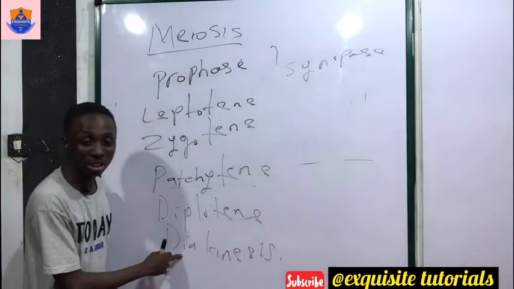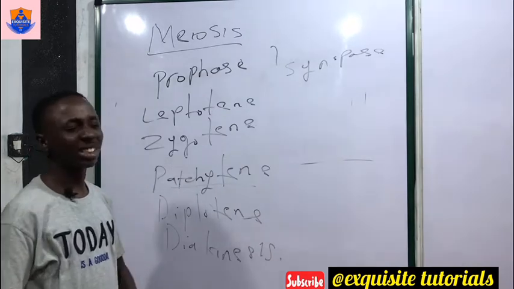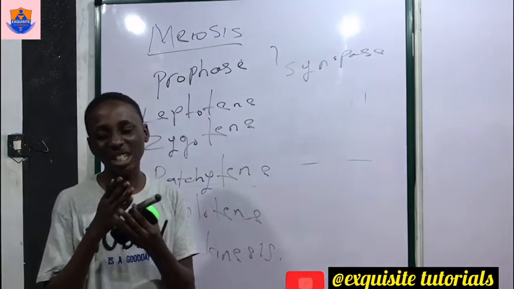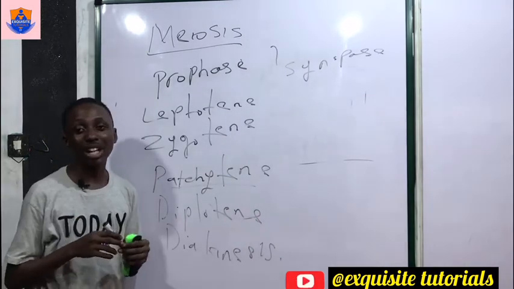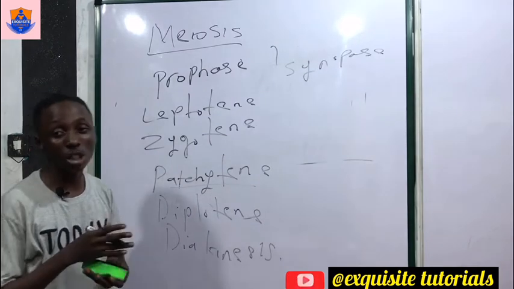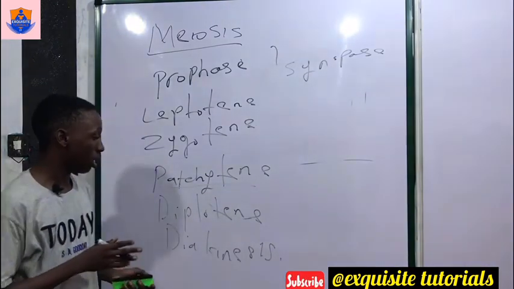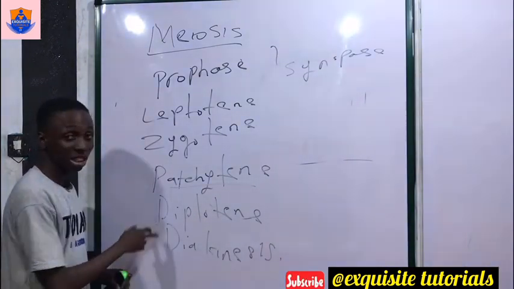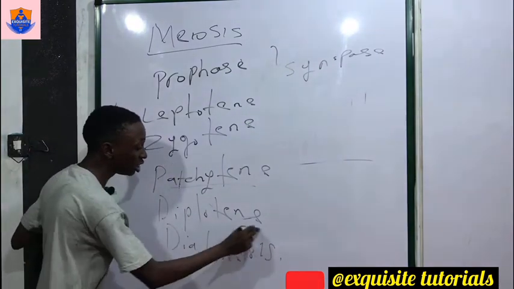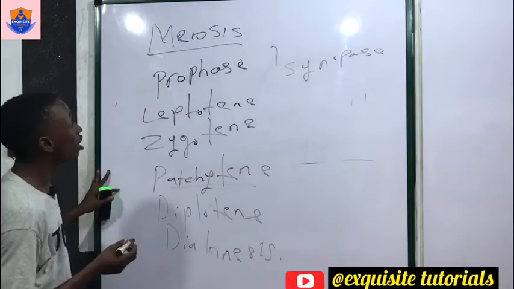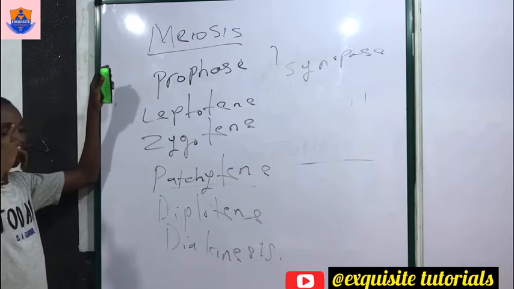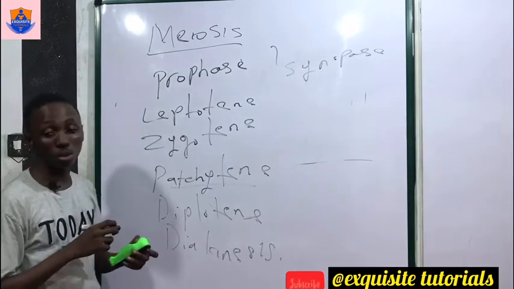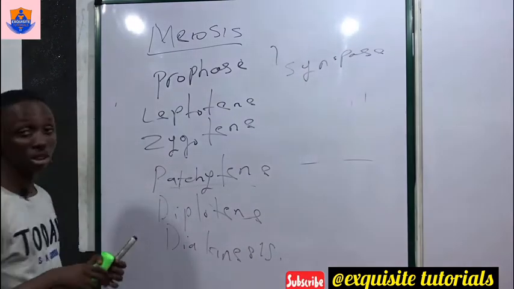Also during diakinesis, the chromosomes separate a little at their chiasmata. So these are the stages of prophase 1 of meiosis.